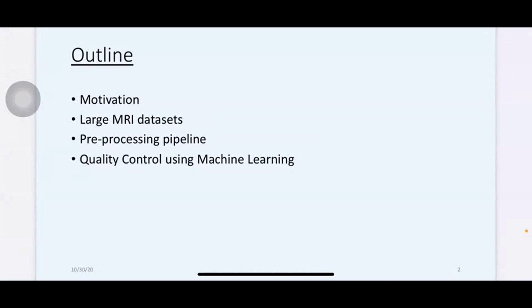So the quality control could start from checking the quality of images before we start pre-processing, and then the quality control comes at the stage of pre-processing, where one important or essential step involves rigid and affine transformation of the images in a subject space to a template. So that is the step where we focused on developing some kind of machine learning techniques so that we automate the process of quality control of these registrations rather than manually checking.